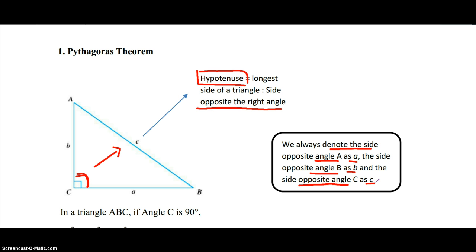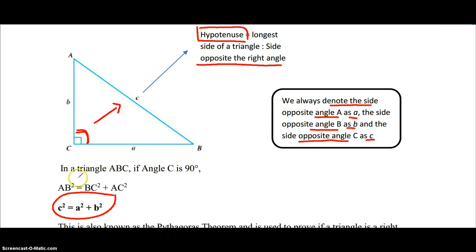If you look at this diagram here, because this is angle C, the side opposite angle C will be known as small c. Similarly, this is angle B, so the side that's opposite angle B will be given by small b, and for A as well.